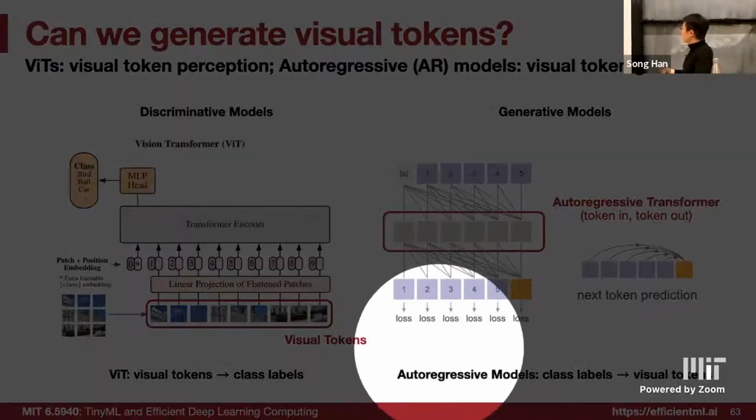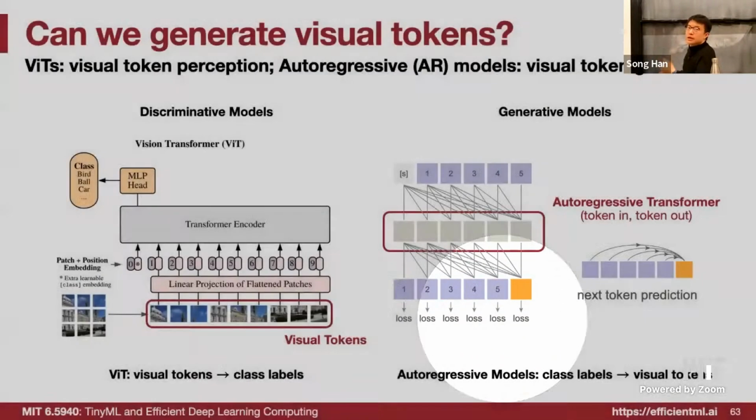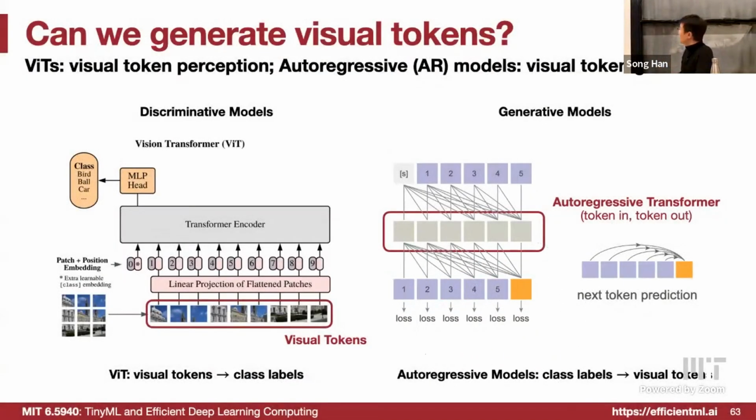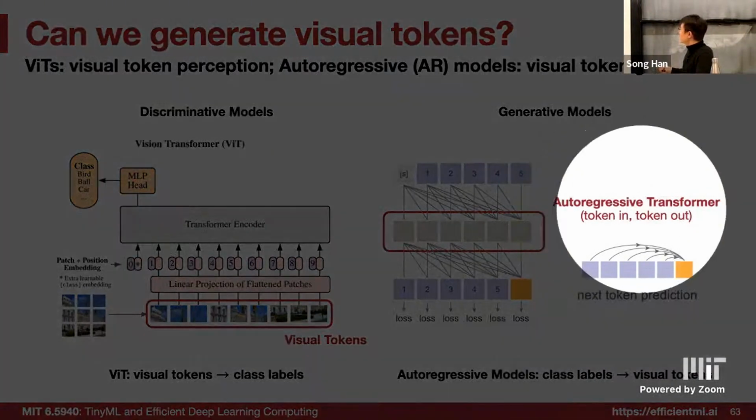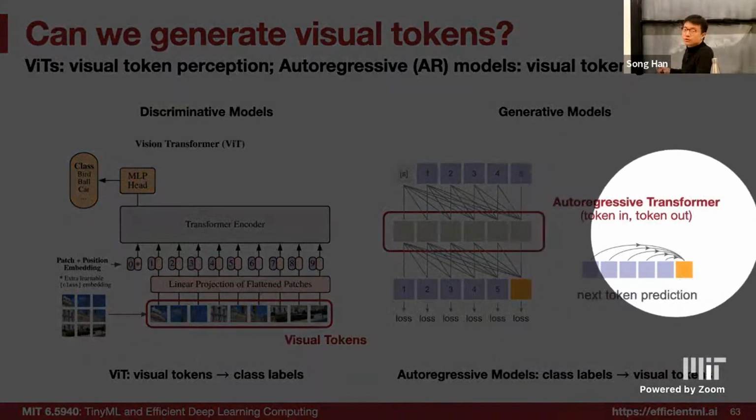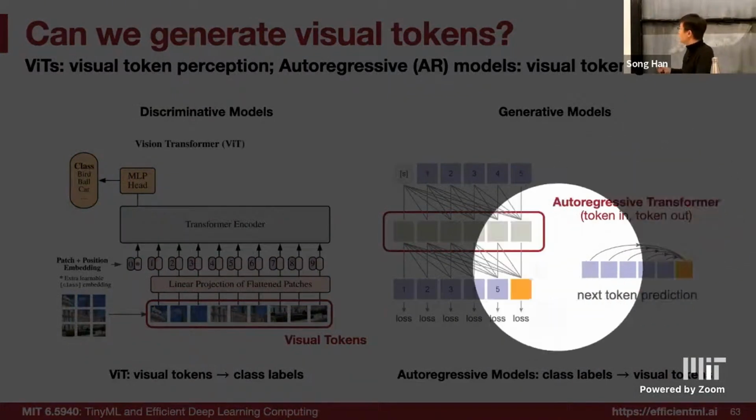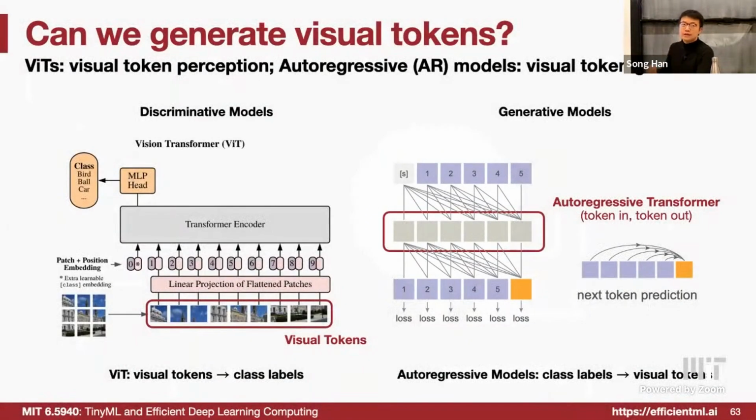Autoregressive models can naturally generate tokens. So the natural thinking is to use an autoregressive transformer to generate visual tokens in a token-in, token-out manner. The input tokens could be the language, something we want to generate, and the output tokens would be the image tokens.